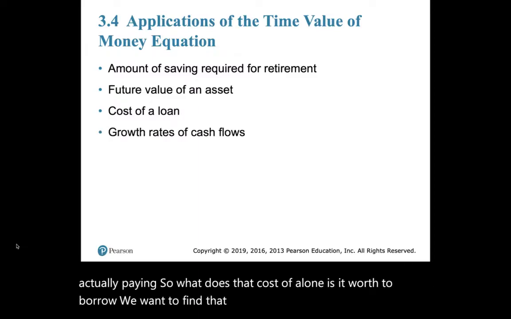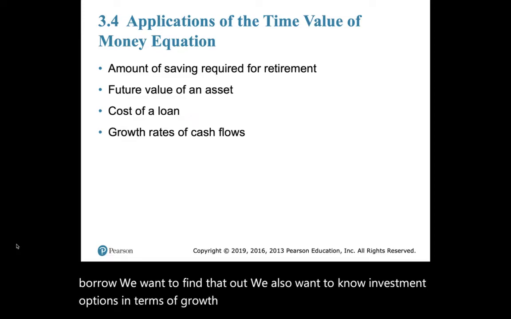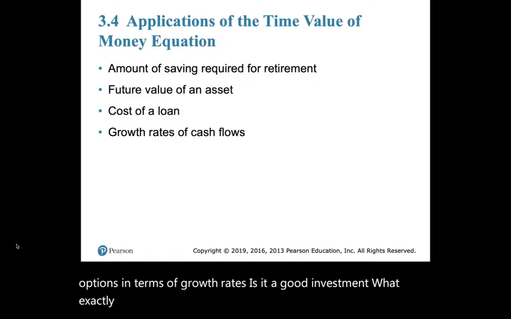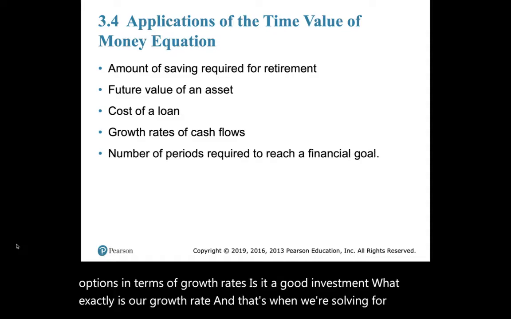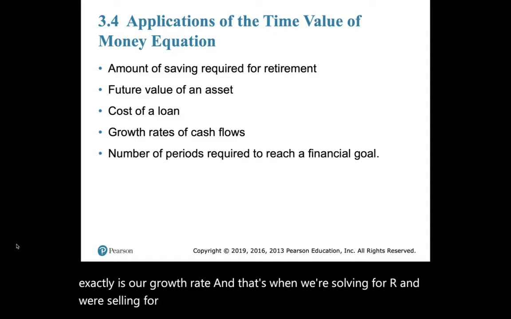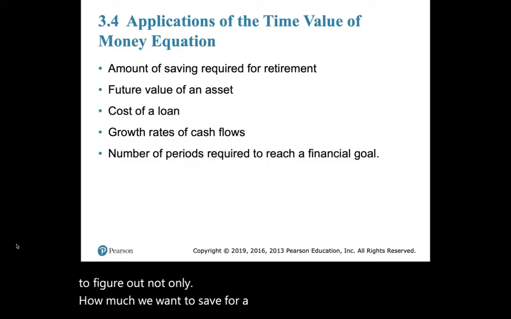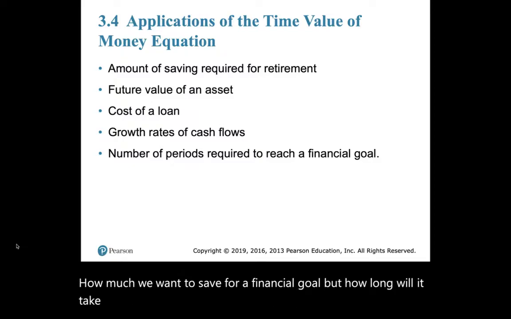We also want to know investment options in terms of growth rates. Is it a good investment? What exactly is our growth rate? And that's when we're solving for R. And when we're solving for N, now we're actually going to figure out not only how much we want to save for a financial goal, but how long will it take? How many periods will it take? So those are some examples of how this can be valuable.